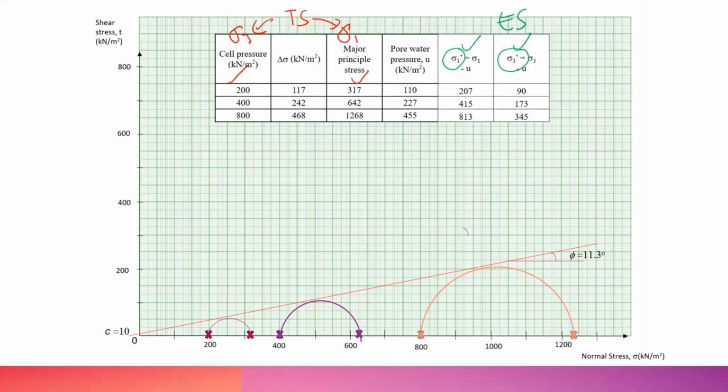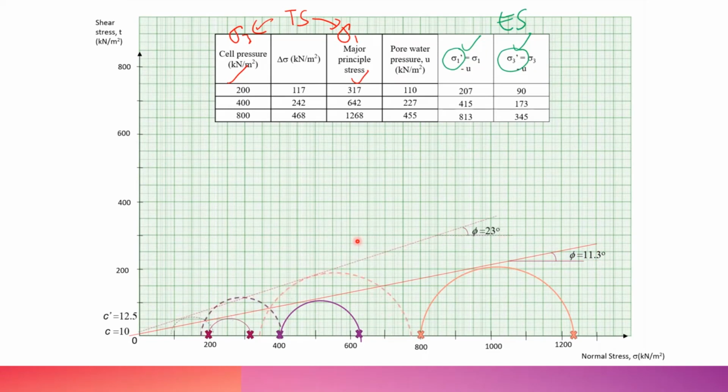From here you find out that the C value for total stress, or normally for CU we put it as C sub CU, is 10 kPa, and the friction angle given is 11.3 degrees. This is for total stress. Now plot for effective stress.